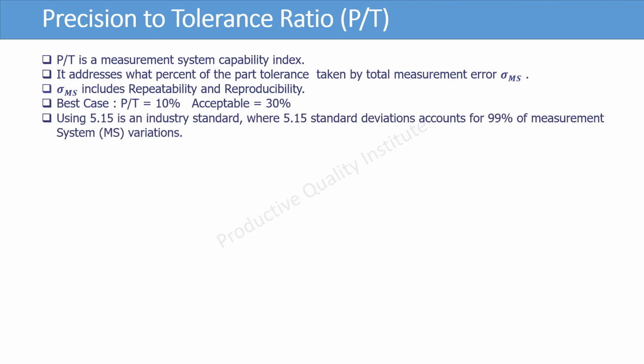Using 5.15 as an industry standard, where 5.15 standard deviations accounts for 99% of measurement system variations. Precision to tolerance ratio is equal to 5.15 times sigma of the measuring system over USL minus LSL.